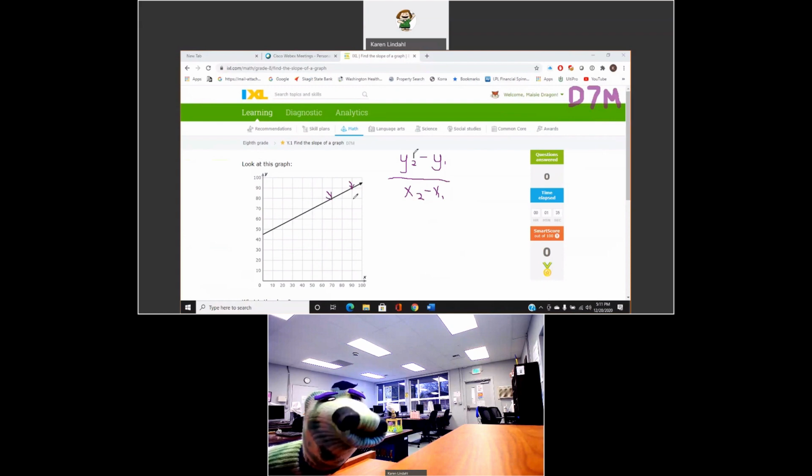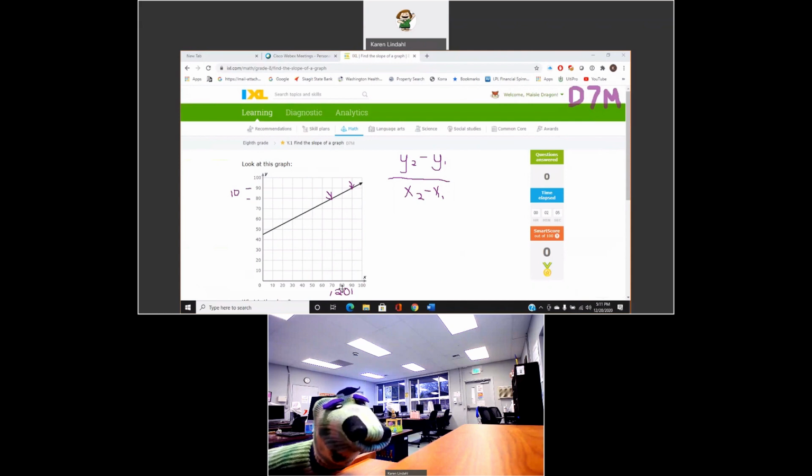The rise is going to be the difference between 80 and 90, because that's how far the line goes up between those 2 points. So that's 10. And then down here, the run is going to be along the x-axis, and we can see that it's 20 between 70 and 90.